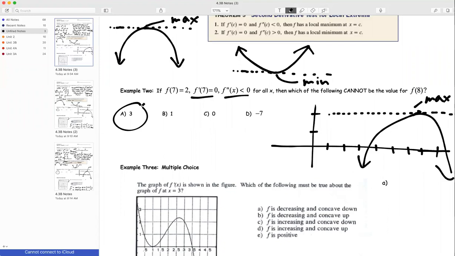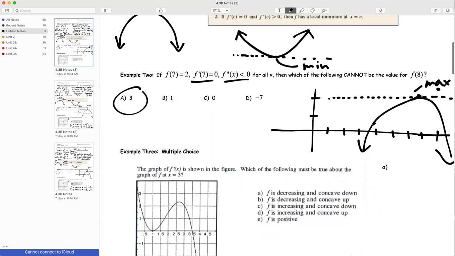It could equal 1 or 0 or negative 7, but at f of 8, it cannot be 3. In other words, if I went out to 3 and went up to this point right here, I could not have this point defined because my second derivative test for local extrema says that the maximum has to be here at the horizontal tangent.